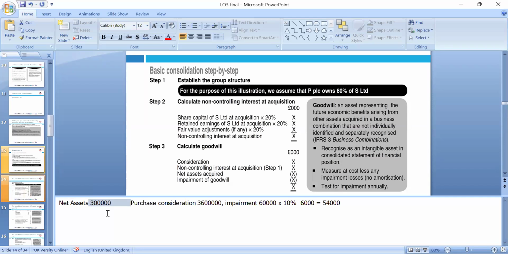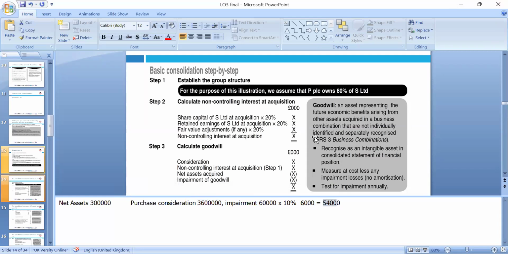For example, net assets are 300,000 and we are paying 360,000, so 60,000 is our goodwill. But goodwill can be impaired if the company does not perform or its reputation drops. That's called impairment. Impairment is a loss, and we subtract it from the goodwill amount to get the net goodwill.